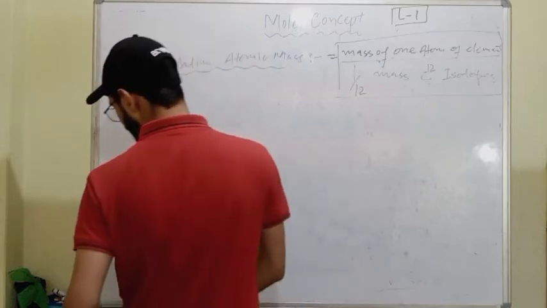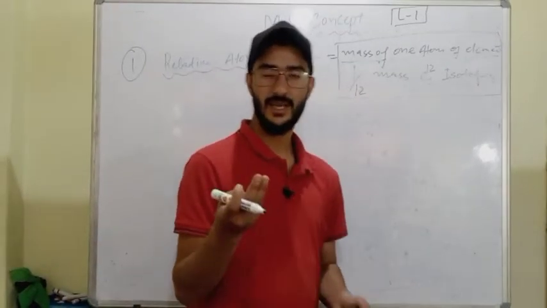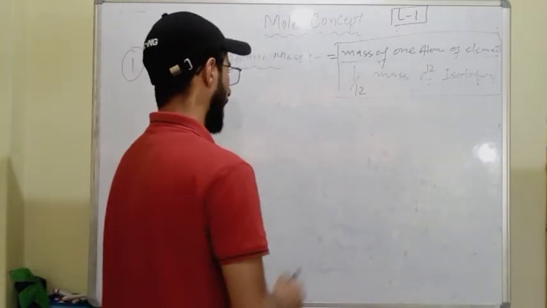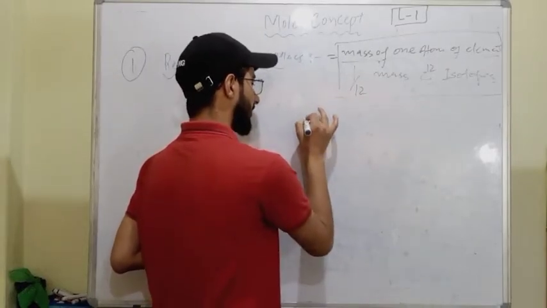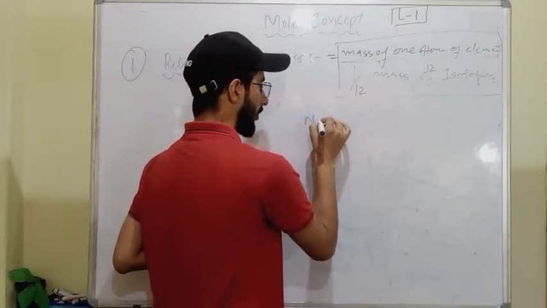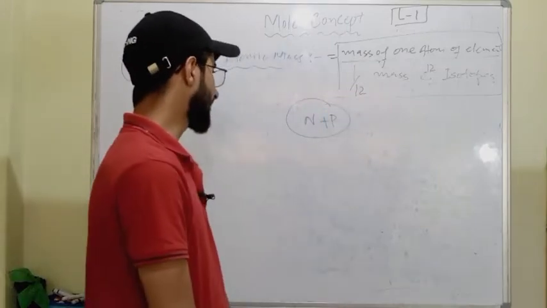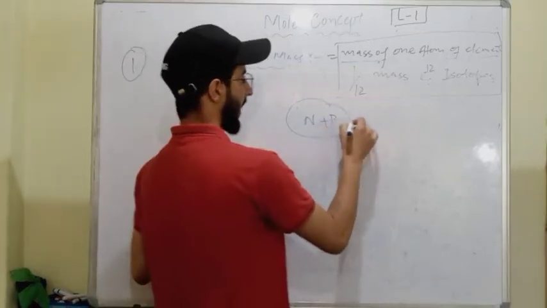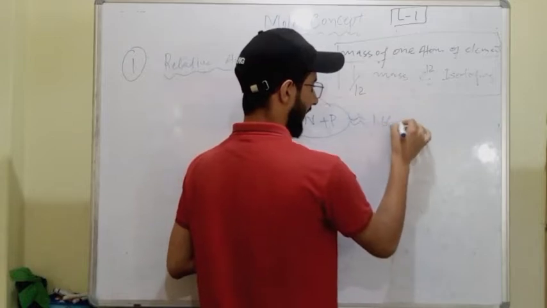We have only three fundamental particles: electrons, protons and neutrons. The mass of an atom is because of only two nucleons, the neutrons and the protons, and the mass of these neutrons and protons is approximately the same, and it is 1.66 into 10 raised to the power minus 27 kg.